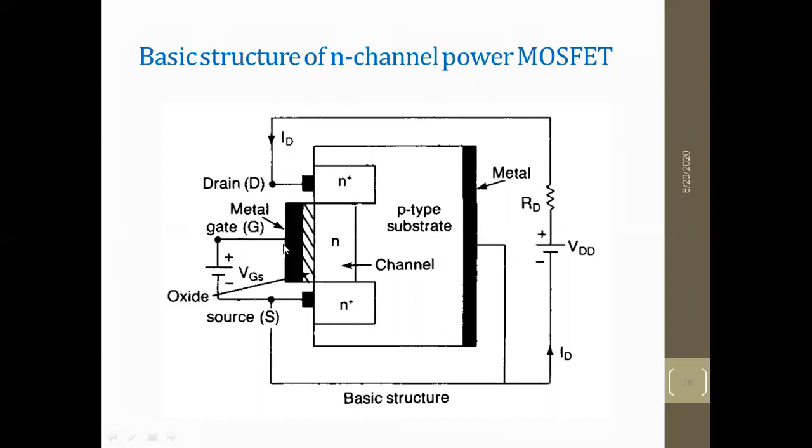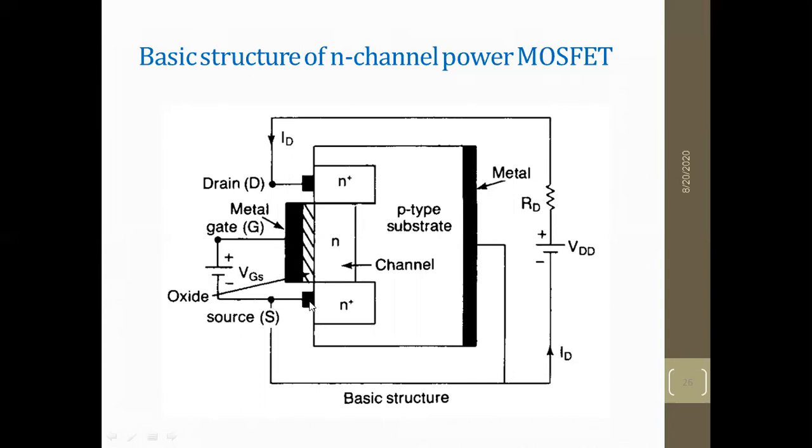Here, this is the metal which is connected to the gate. Between the gate and the N channel, an oxide layer has been formed because the gate is to be isolated from the N channel. This oxide material isolates the gate.